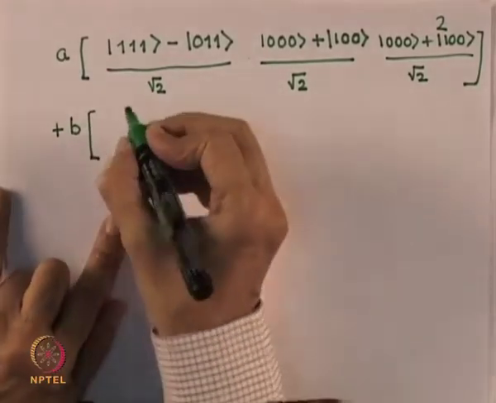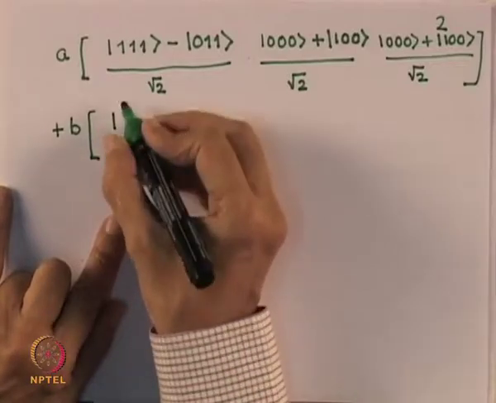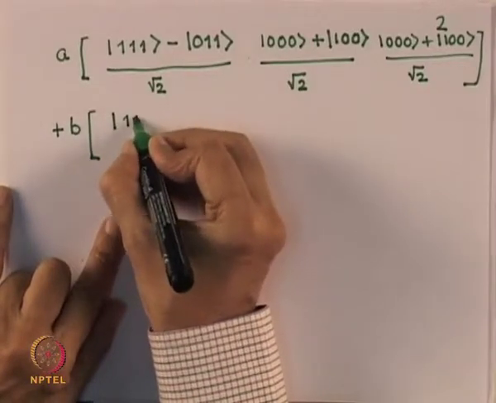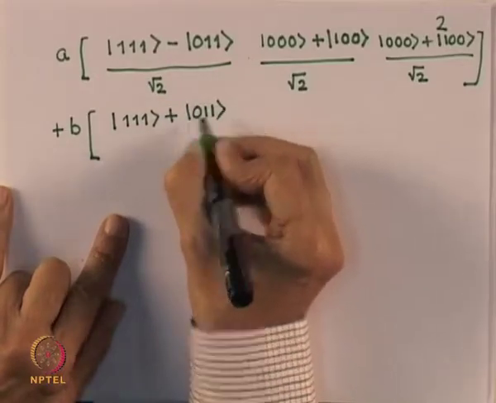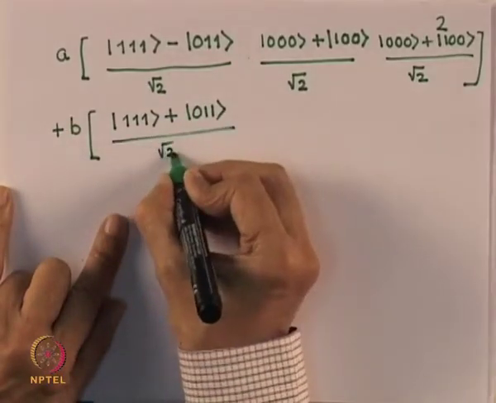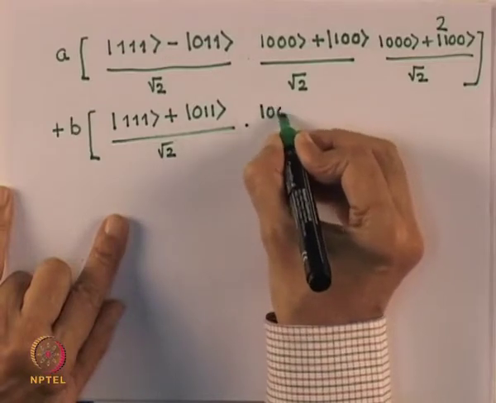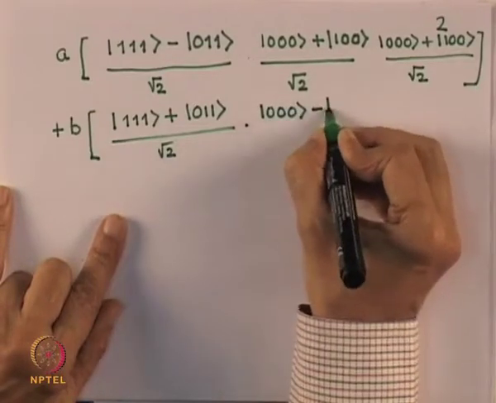So this will now be 1, 1, 1 plus 0, 1, 1 by square root of 2, and these will be the same as before but with a minus sign.